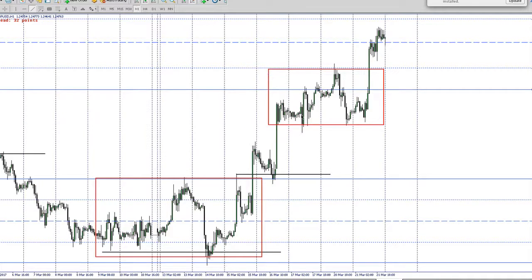A range, and then we've got no real way of entering, apart from maybe seeing that as an order block because it rallies way fast, comes down onto it, back up.